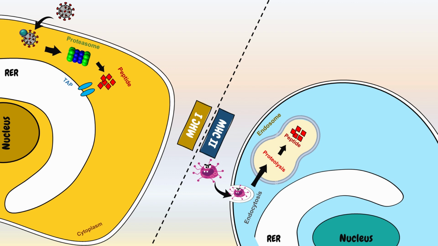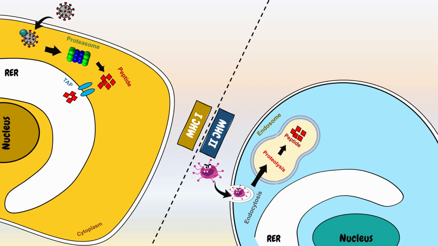In MHC class 1 pathway, TAP is the transporter of antigen peptide. Genes are found within the MHC region of the chromosome and encode transporter proteins that carry the proteolytic fragments of antigen generated by the proteasome from the cytosol into the lumen of the endoplasmic reticulum, where they bind to the peptide binding groove of the class 1 MHC.